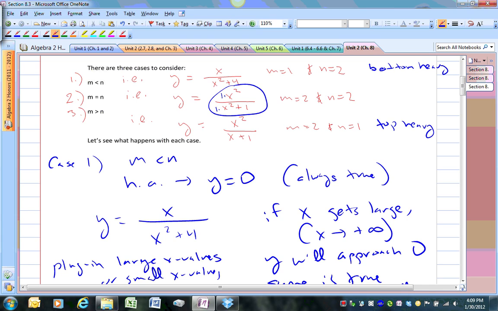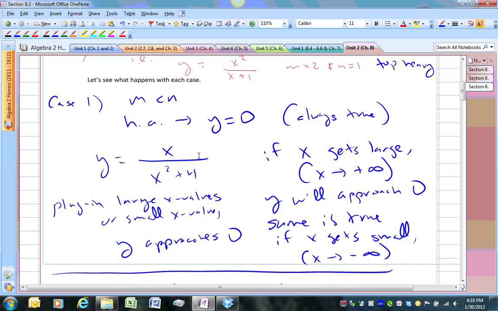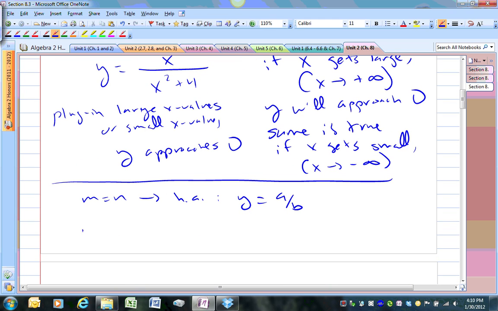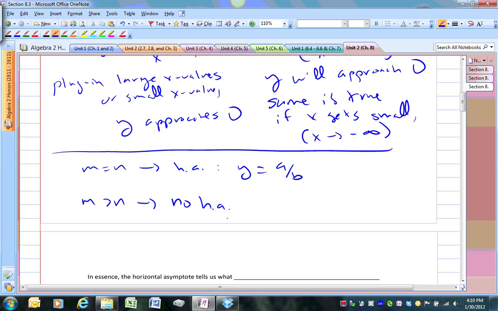The ratio is y equals 1 over 1. That will also be your horizontal asymptote. Plug in large values to see for yourself. And finally, if m is greater than n, there's no horizontal asymptote. If you plug in large values, you see that y keeps increasing.